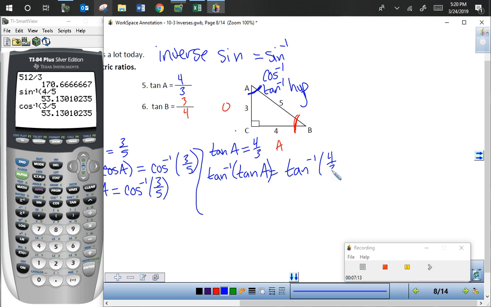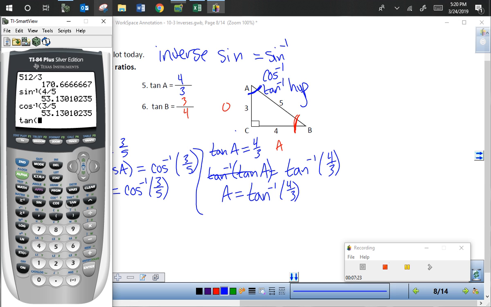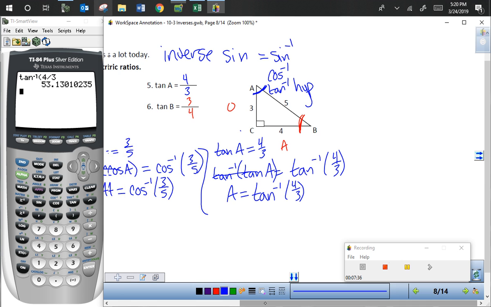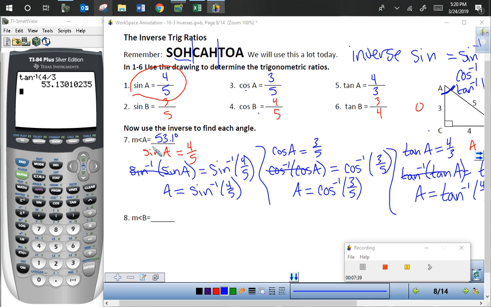So we're left with, when these cancel, A equals the inverse tangent of 4/3. Oops, inverse tangent. Get that shift on there. And 53.1 degrees again. Okay, so all 3 of those gave us the same answer.